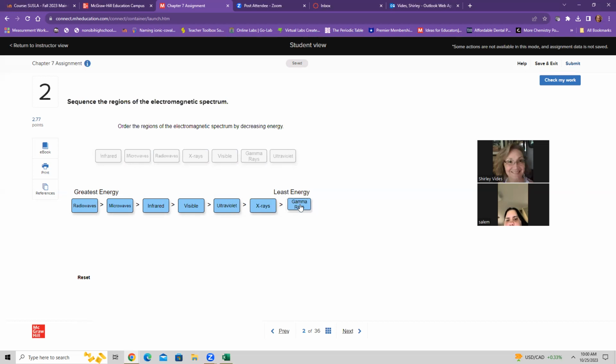Oh, sorry, I did them backwards. I wasn't reading. I was putting them in order that I know them as far as wavelength goes. Oh, yeah, they're all backwards, exactly backwards, as a matter of fact. Highest energy is going to be the ultraviolet. I had them right, it's just that they're backwards. So I'm going to just read.